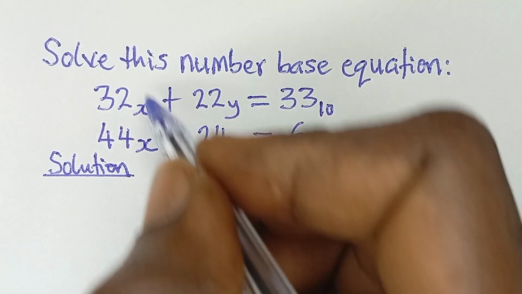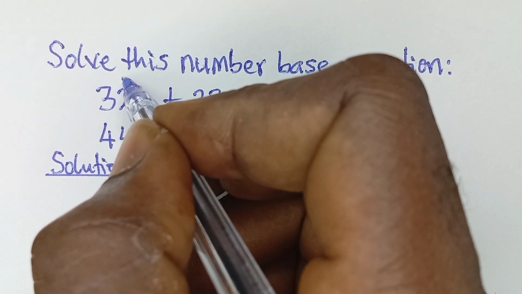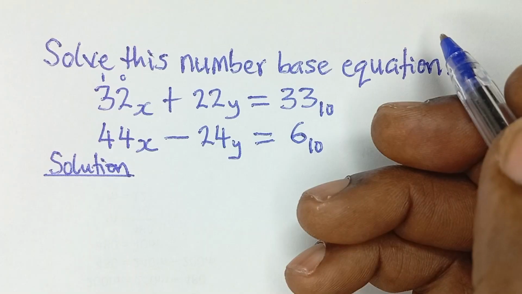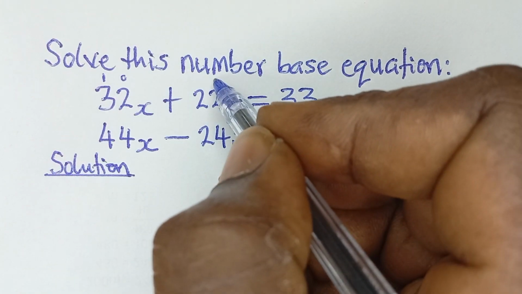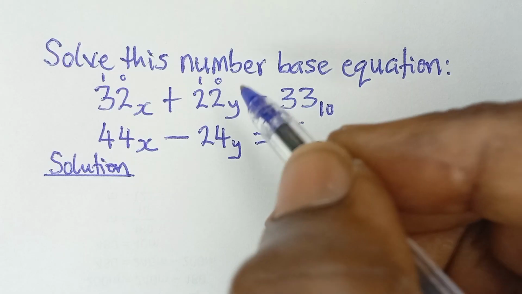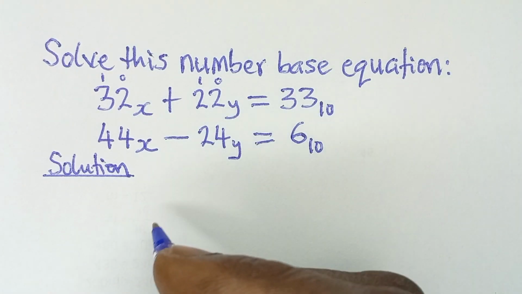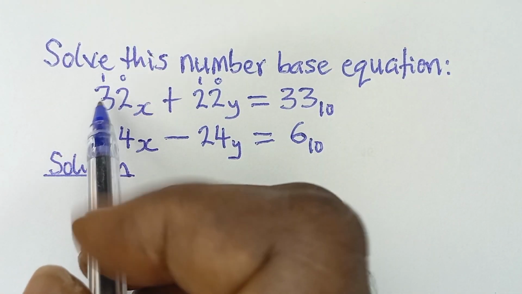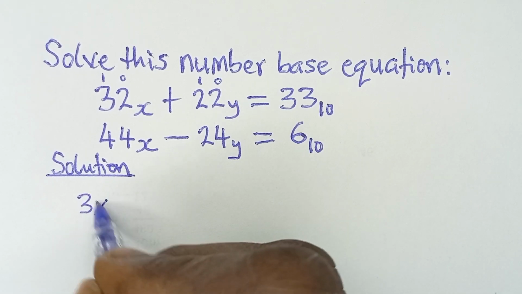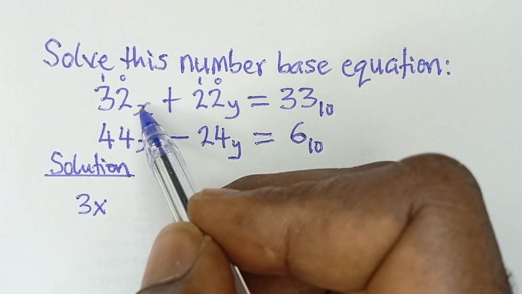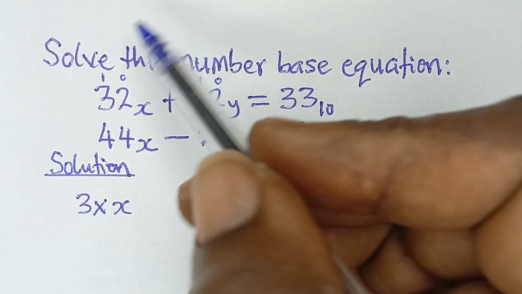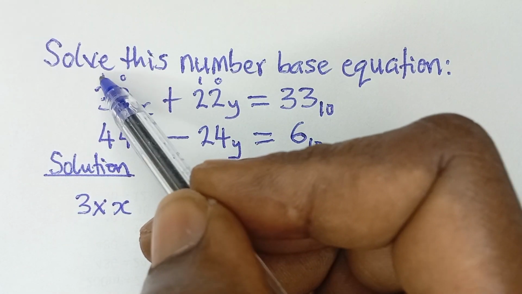So don't forget, from this first one, this number is given the power 0 and 1. You start numbering from the right hand side to the left. So this is also 0 and 1 when converting from a particular base to base 10. So we're going to take this first number, which is 3. So we're saying 3 multiplied by the base, which is x now, multiplied by x to the power of 1, because of the 1 that we have here.